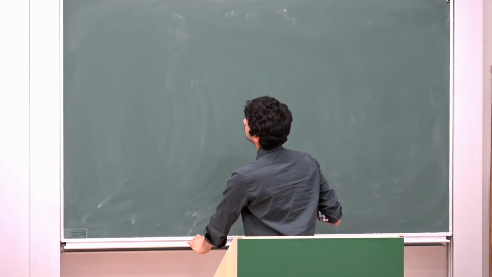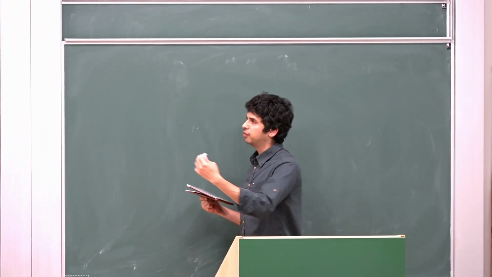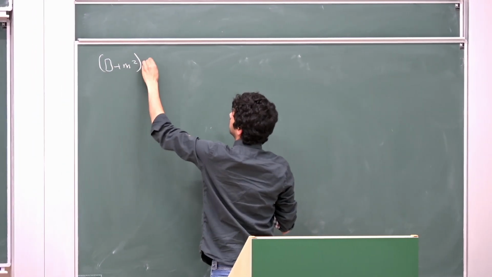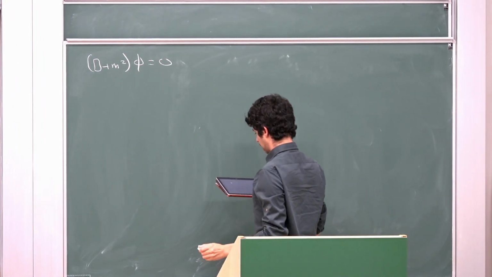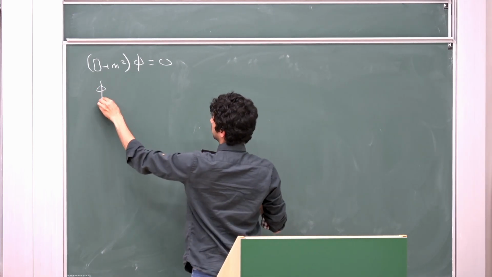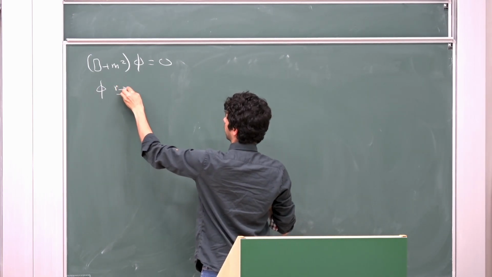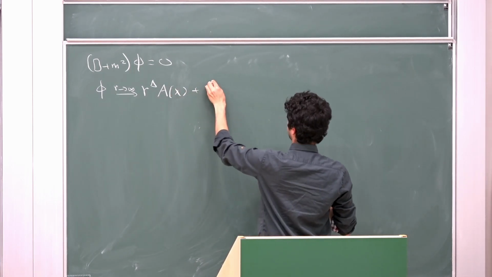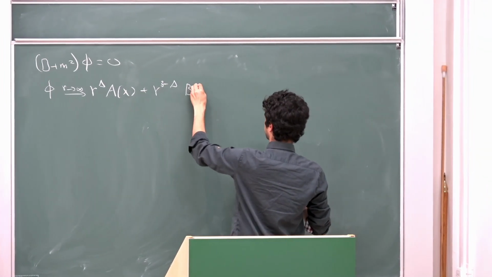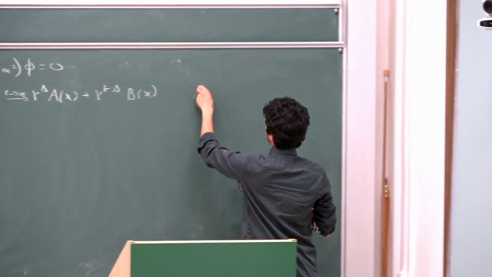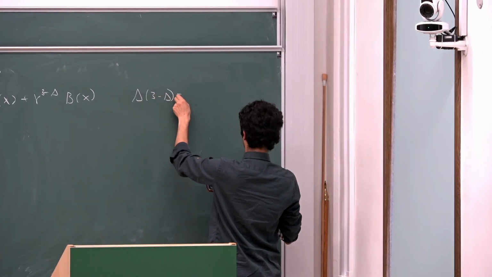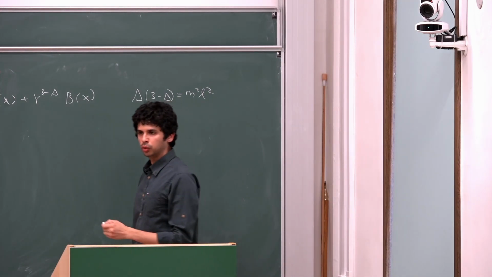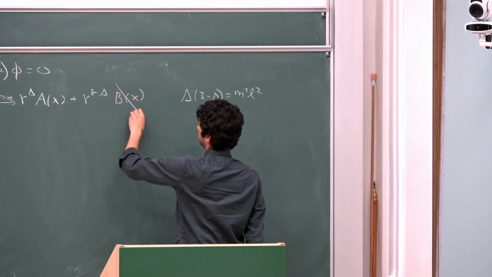So asymptotically, the fields become free, and I can solve box plus m squared phi equal to 0. And the solutions of this near r goes to infinity look like this, where delta bar is 3 minus delta. And what we usually do is we impose some boundary conditions and we get rid of this.